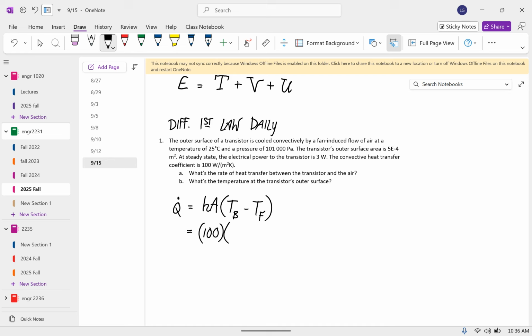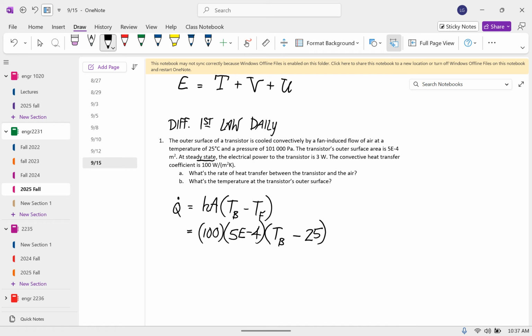We have an outer surface area of 5 times 10 to the minus 4. Oh, we're given the temperature of the airflow, and we're looking for the temperature of the body. So we have the temperature of the body minus, we can keep this in Celsius because it's a difference in temperatures.